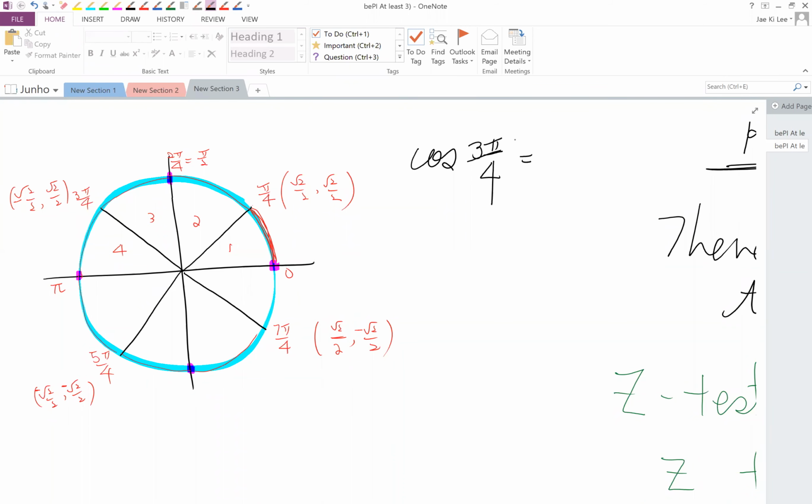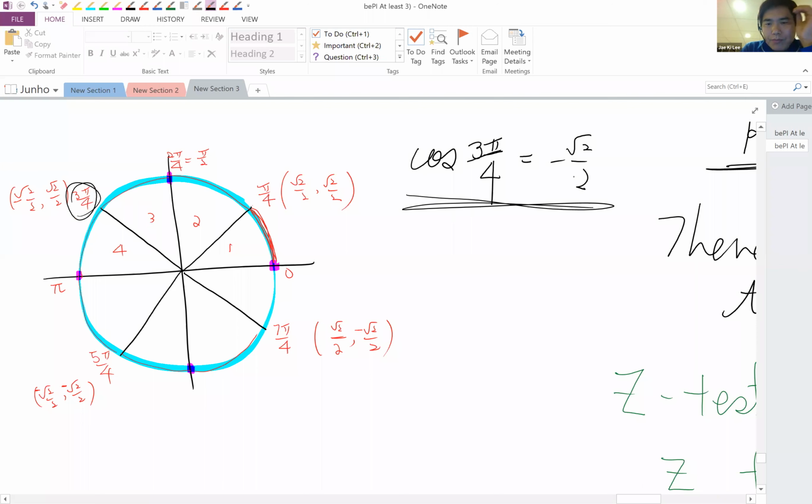Is it radical 2 over 2? Yeah, but this becomes negative because 3 pi over 4 is located in the second quadrant, so x becomes negative. So cosine 3 pi over 4 is negative root 2 over 2.